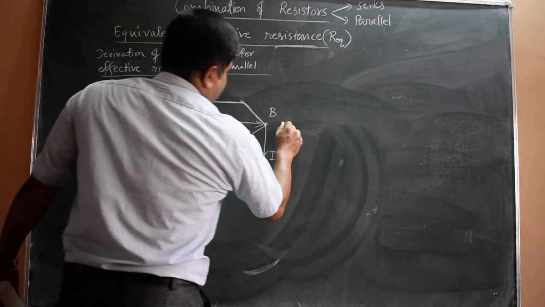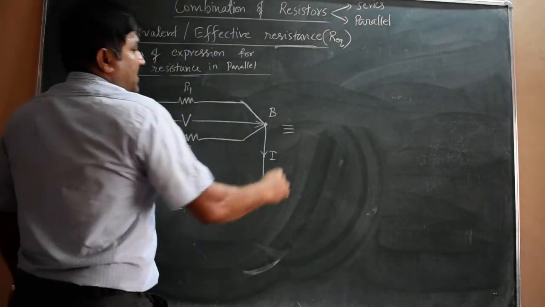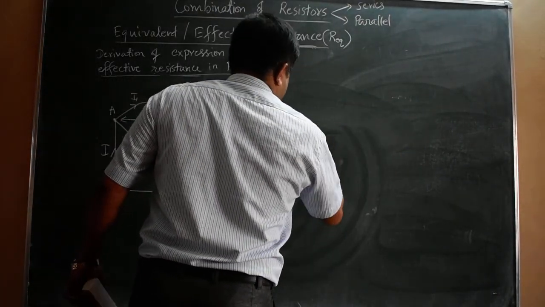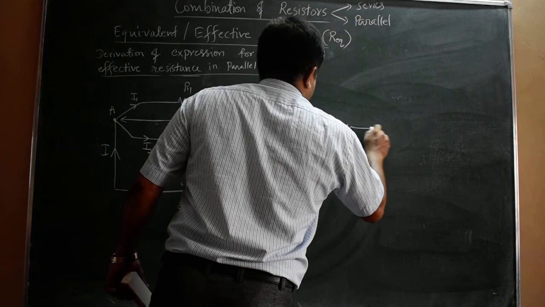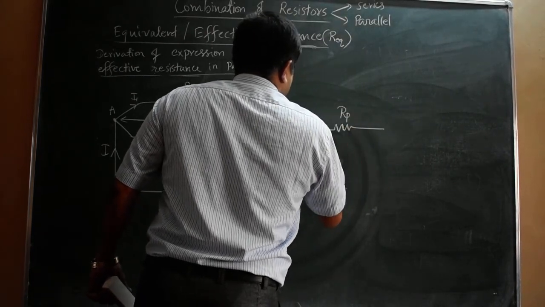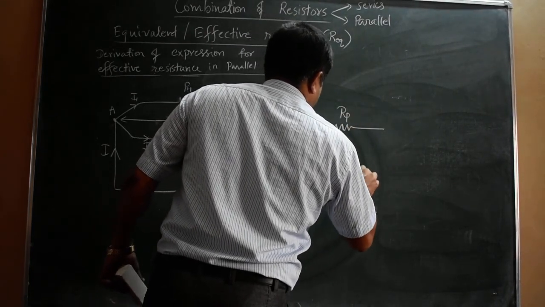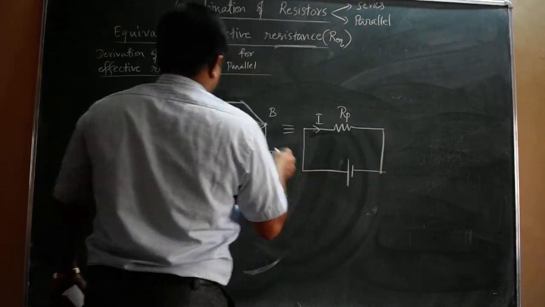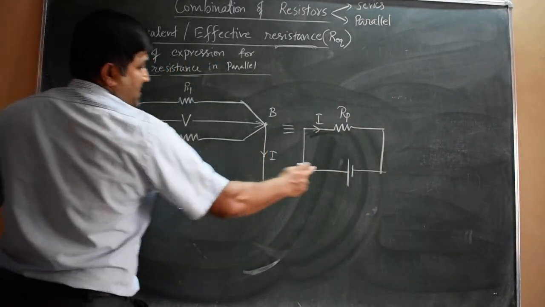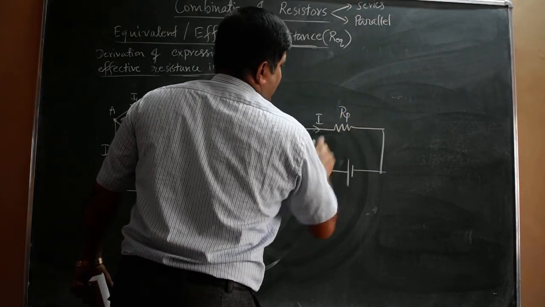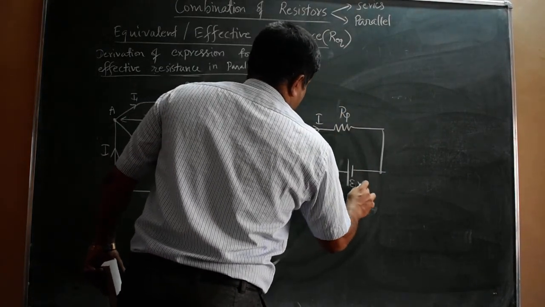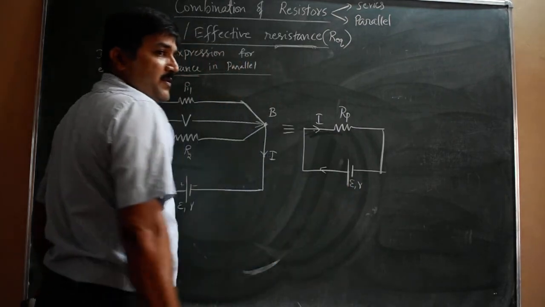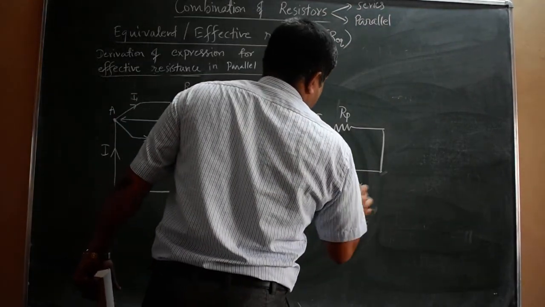Then I can write this as equivalent to a single resistor with resistance Rp, and the cell will be taken the same, and the current is the same I. So what is the current drawn from the cell? The same current flows through Rp. It is not compulsory to write the EMF and internal resistance here; I did this just to complete the circuit.